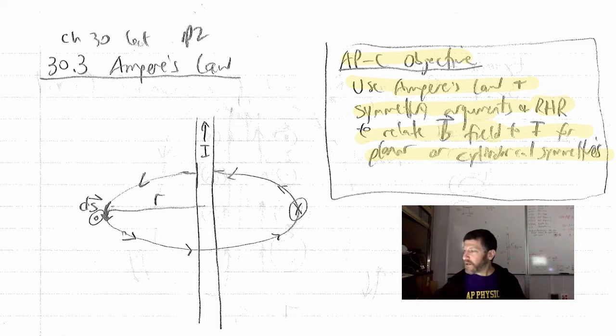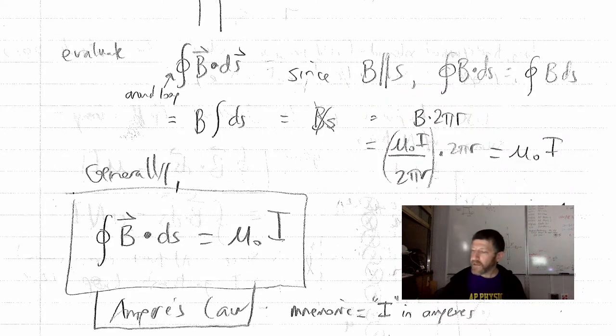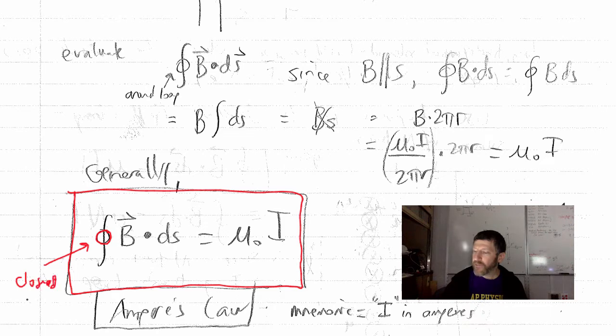So here is Ampere's law. It's the integral over a closed loop. That's what that means right there. It's through a closed path. It's a line integral.